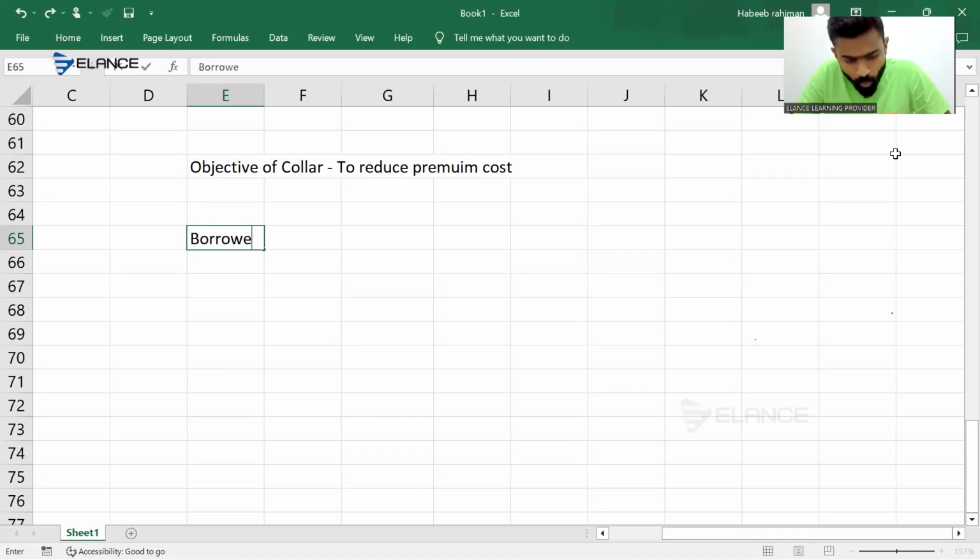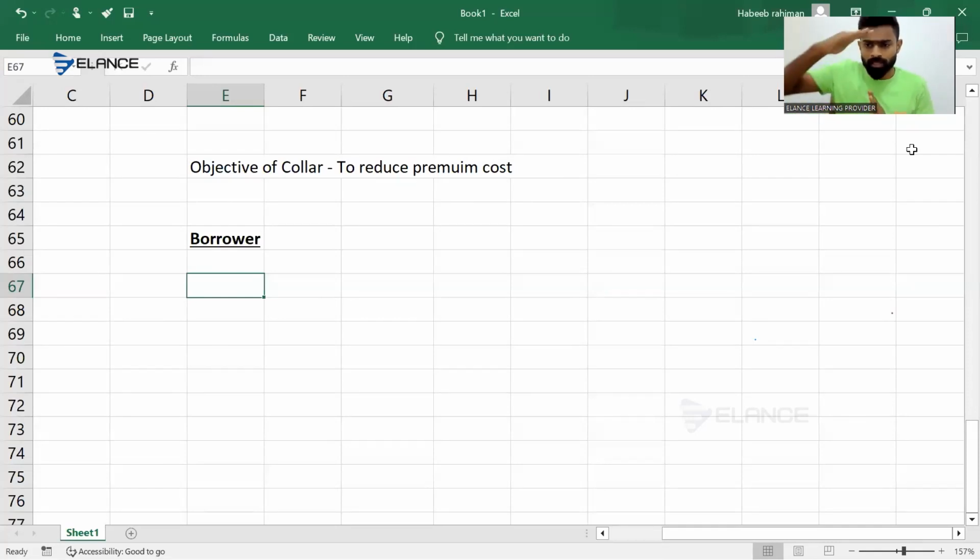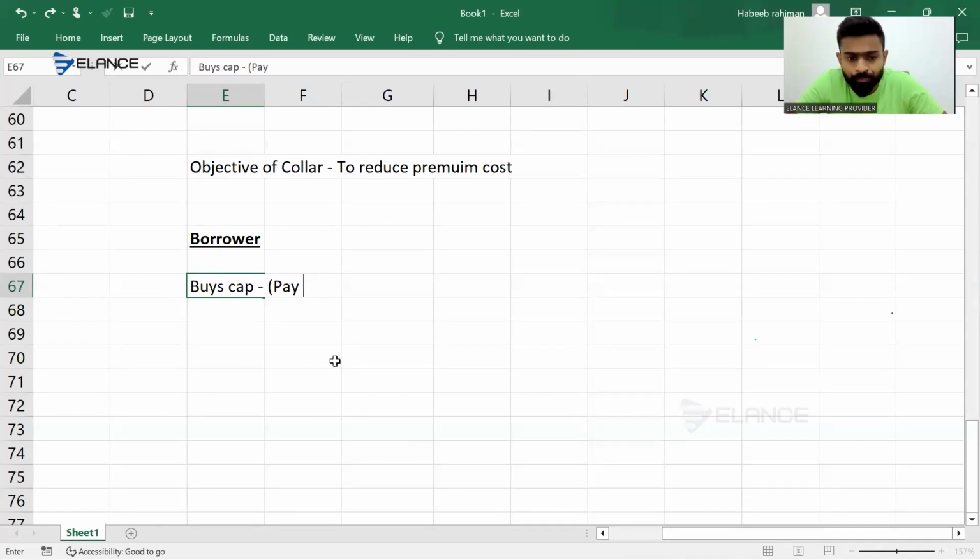For a borrower, which option do they require? Cap or floor? Tell me. They require cap. Okay. So borrower buys cap. For this, in order to take the cap, they have to pay what?